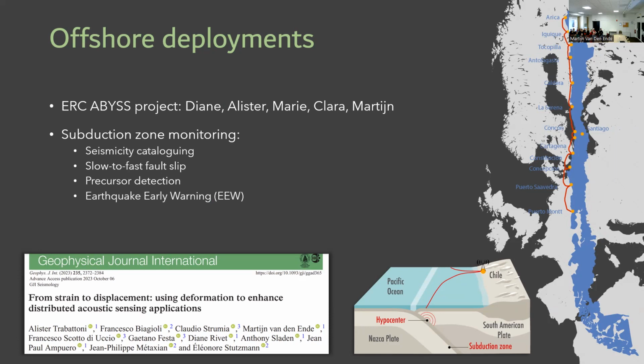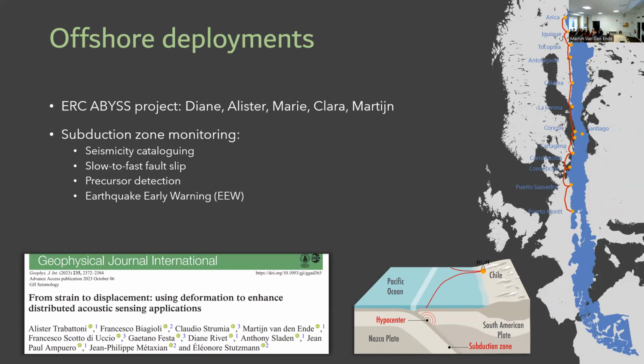The objective of this project is really to do subduction zone monitoring. So we're cataloging seismicity, we're looking at all sorts of seismic phenomena. The goal is to do precursory detection, either in terms of foreshocks or changes in the seismic velocities.